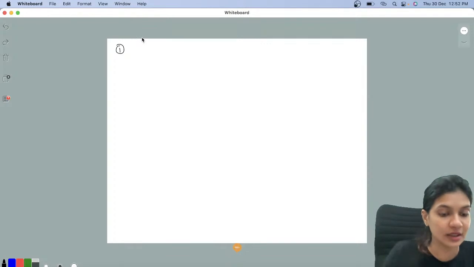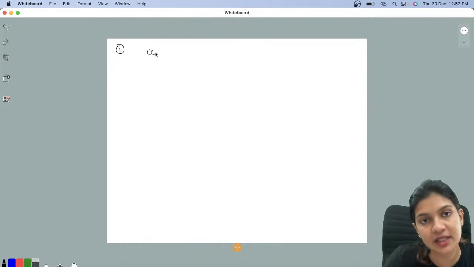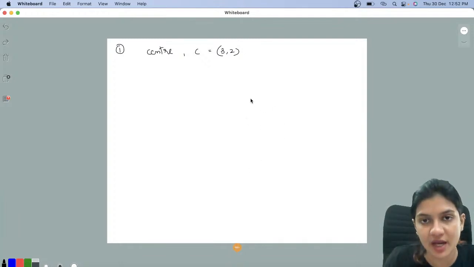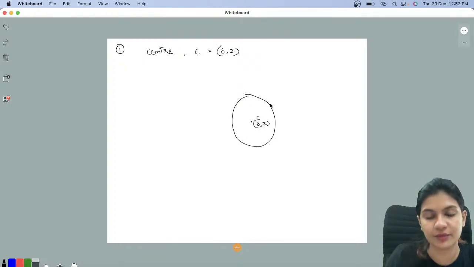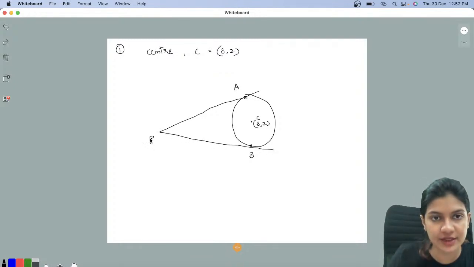So, the first question. The center of the given circle, say C, will be (3, 2). So, if I have a circle with center C at (3, 2), you have a point A and a point B where the tangents from P touch it.